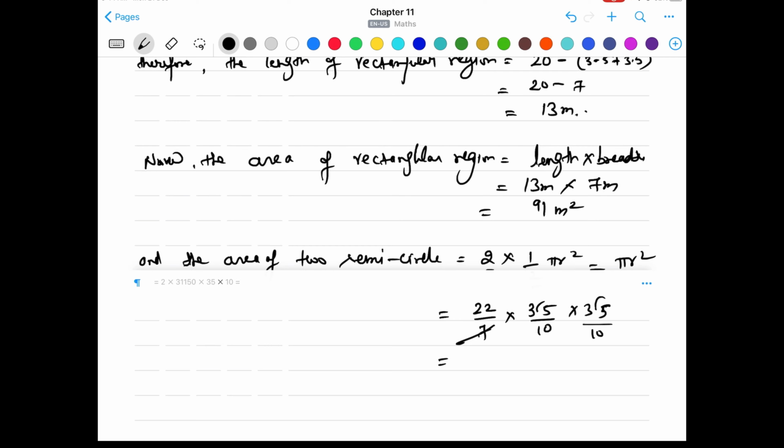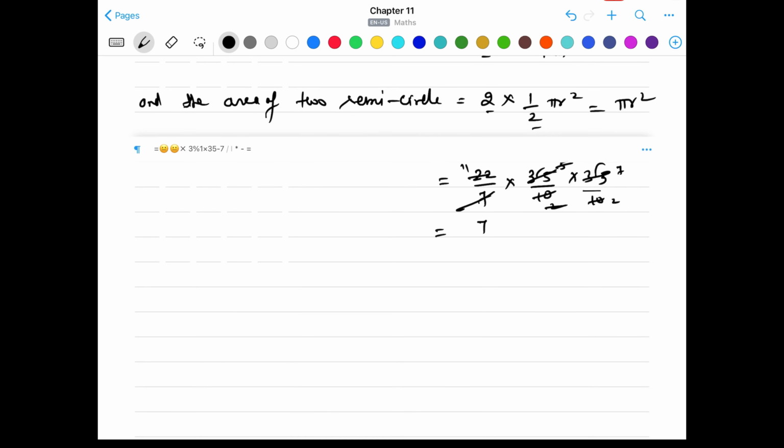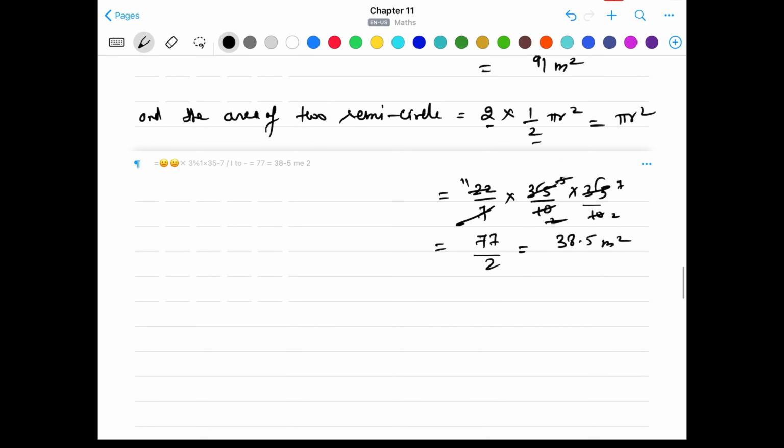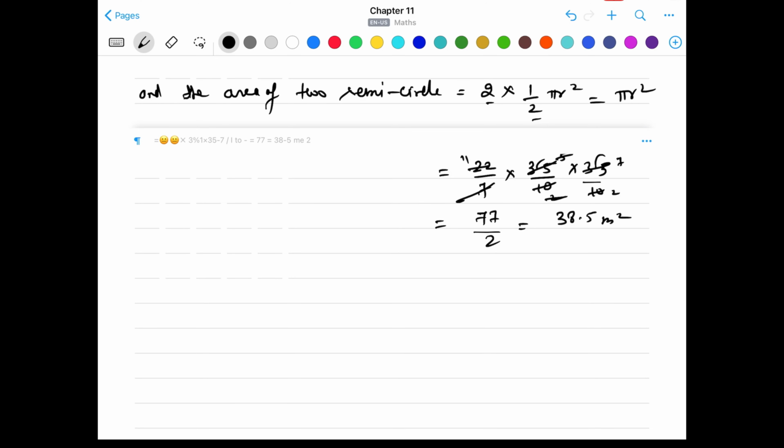This 7 will give us 5 here, then this 5 will give us 2 here. When you divide by 2, you will get 11 here. Again dividing, we get 7 here and 2 here. After multiplying this 11 into 7, we get 77 by 2. So 77 by 2 is 38.5 meter square.